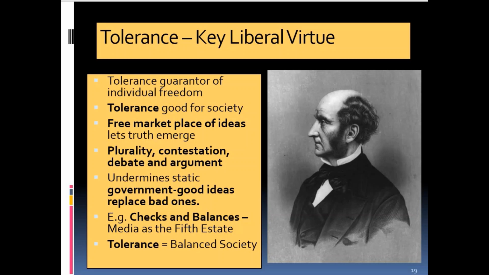So power is not residing in one place; it's residing in a variety of different institutions, which can keep the other institutions in check. So that is, I guess, the important idea with tolerance as a key liberal virtue.